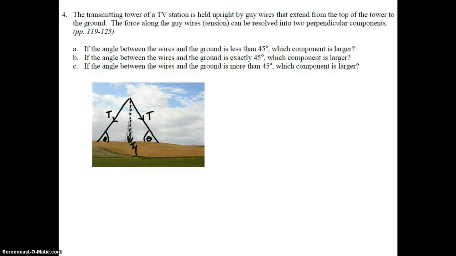The horizontal component, the X component, would pull the tower away from where it's located. Obviously, the idea here is that you set enough of these up where the X components cancel each other out.